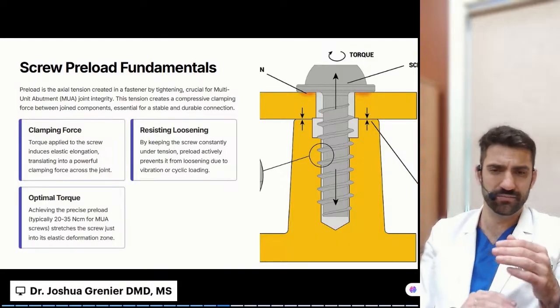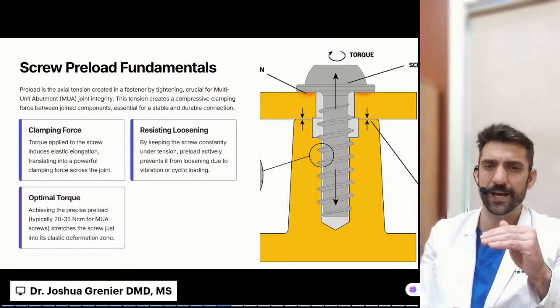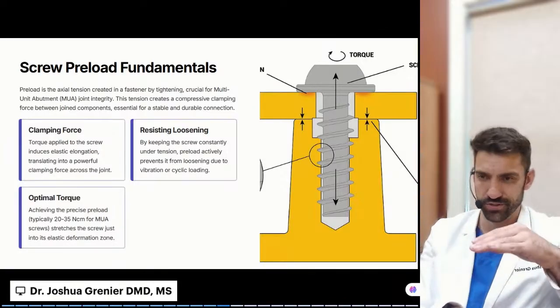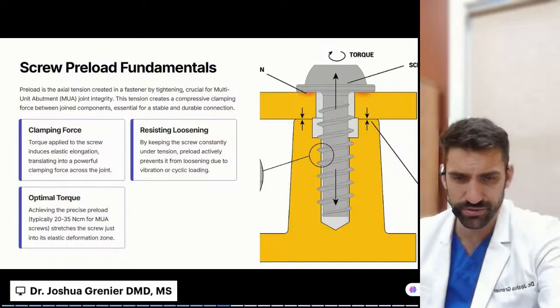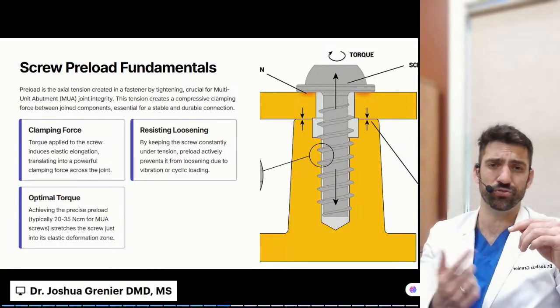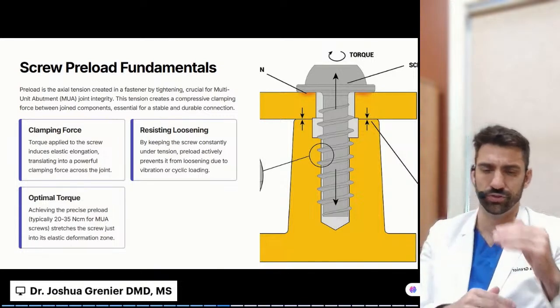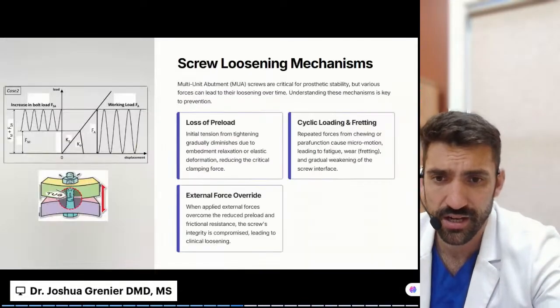And even if there's a slight rocking motion, whatever it is, force is applied, it's going to maintain that clamping force. However, it can begin to lose this. And there's an optimal torque. If you over torque it, it may stretch too much, and you may actually begin to lose your preload, regardless of what the rotational torque actually was.